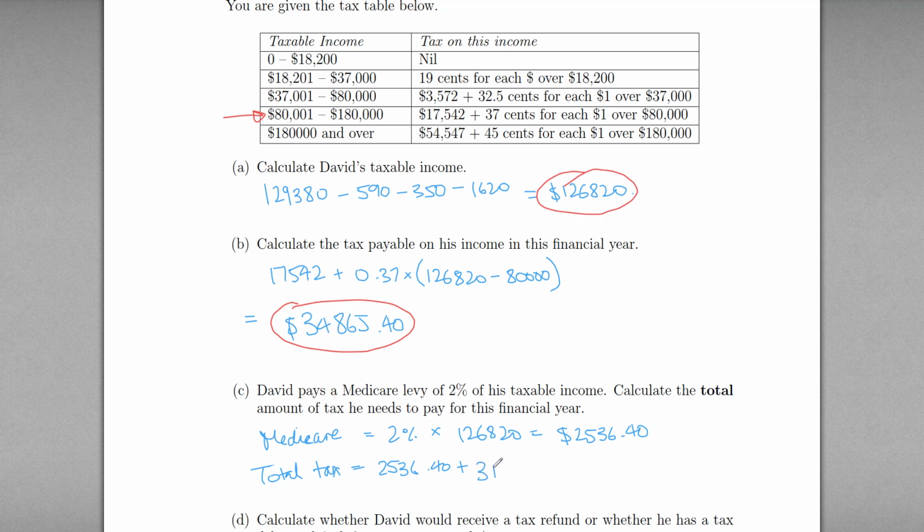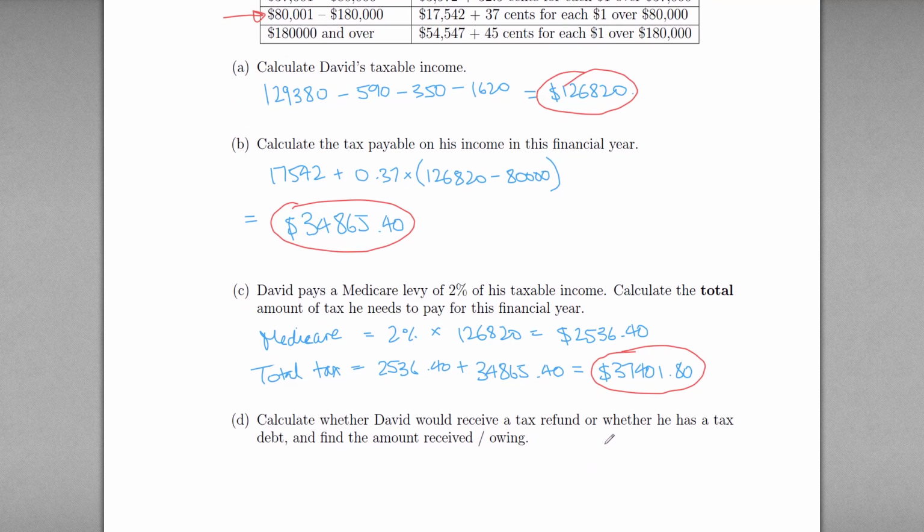So the 34865.4. So plus 2536.4 plus 34865.4. So I'm going to get 37,401.8. That's my tax.